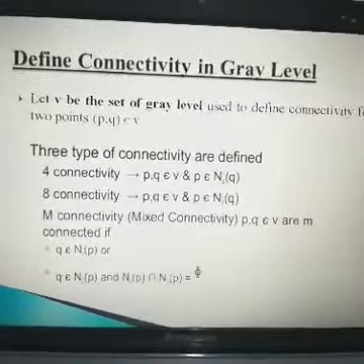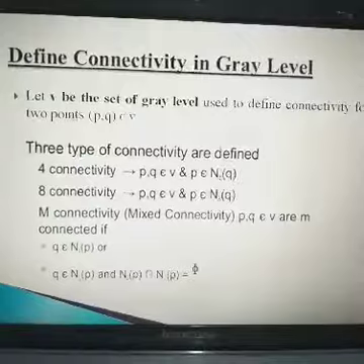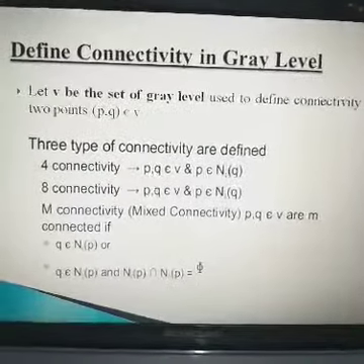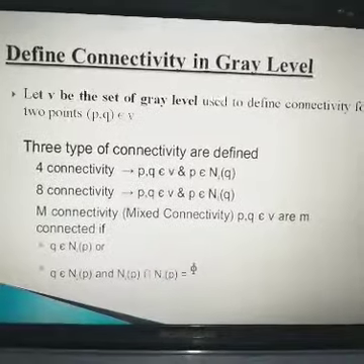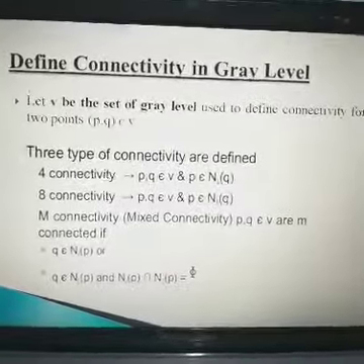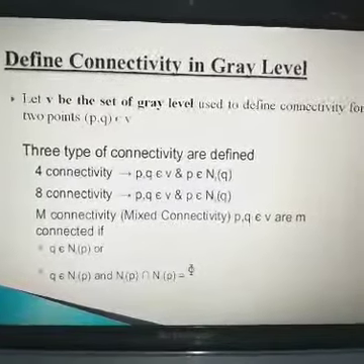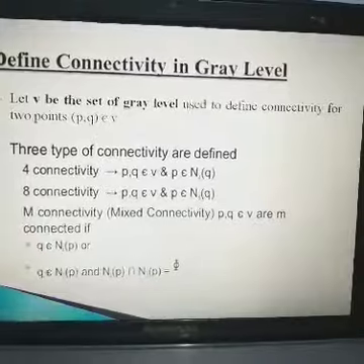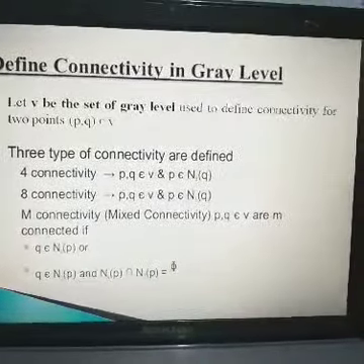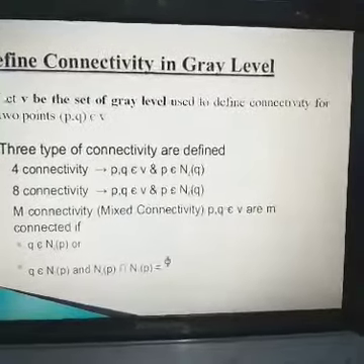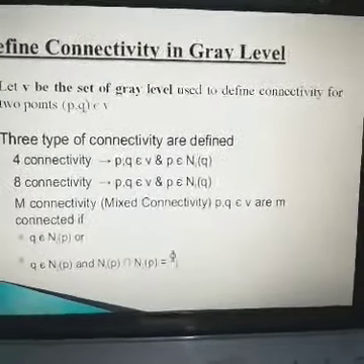P belongs to N4(Q) if they are four neighbors. For 8 it is known as 8 connectivity. If more than that, it is known as mixed connectivity. Q belongs to N4(P) or ND(P), and the intersection of N4(P) and ND(P) is the empty set.